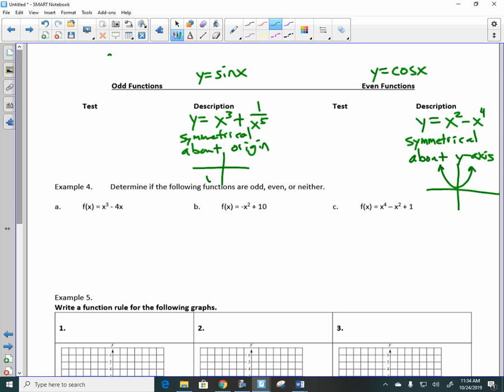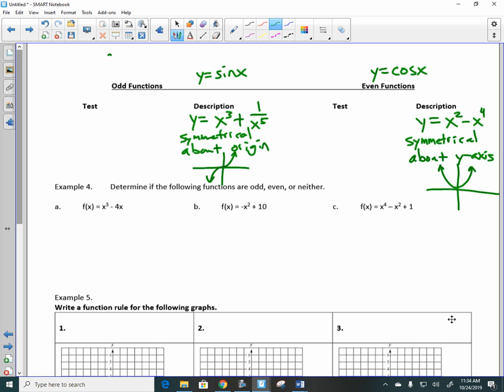Odd functions are symmetrical about the origin. Meaning you take the function and rotate it 180 degrees and you'll get the same function. Or you take what's in the first quadrant, put it in the third, take what's in the third quadrant, put it in the first, and it should be the same.